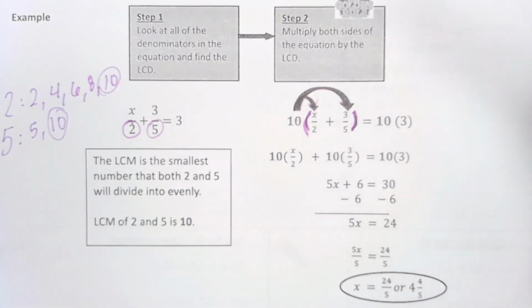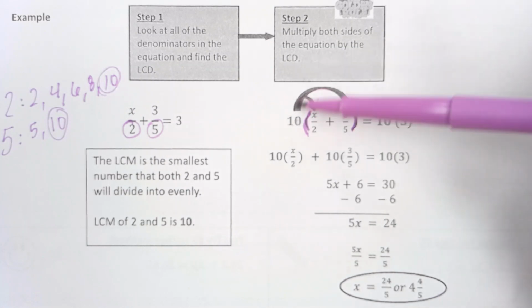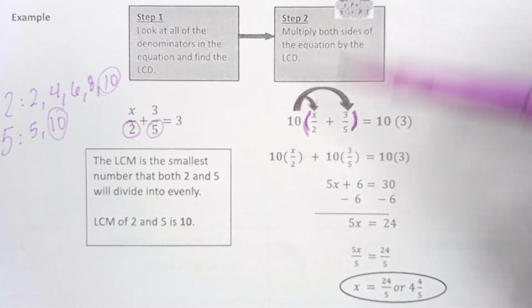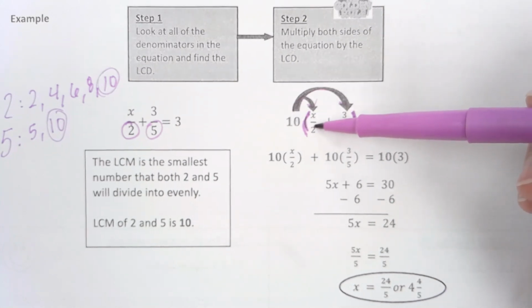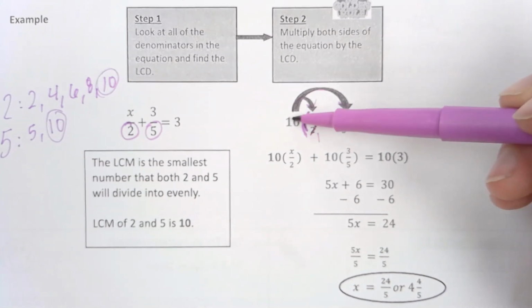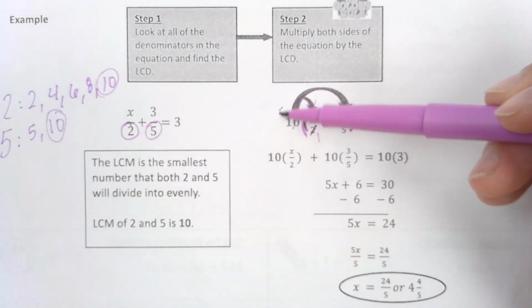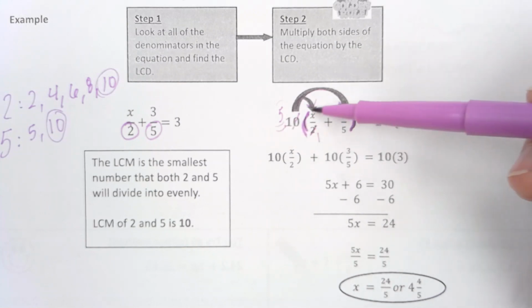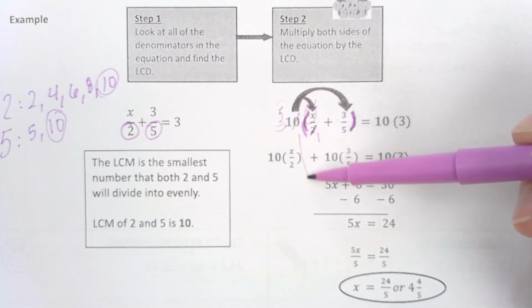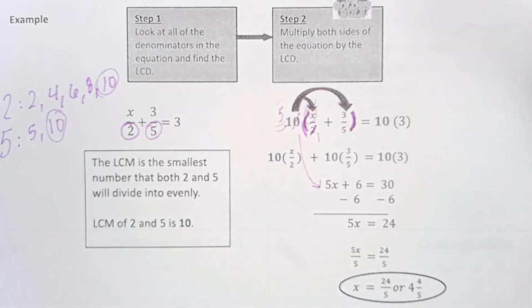Since you're multiplying this 10 times multiple things on the inside, this is when you'll be doing your distributive property. If you take 10 times x over 2, the 10 and 2 go into both of them, so you can take your 2, cancel it out, it becomes 1, take your 10, cancel it out, and it becomes 5. Now you're left with 5 in the numerator and x in the numerator, so you have that 5x there.